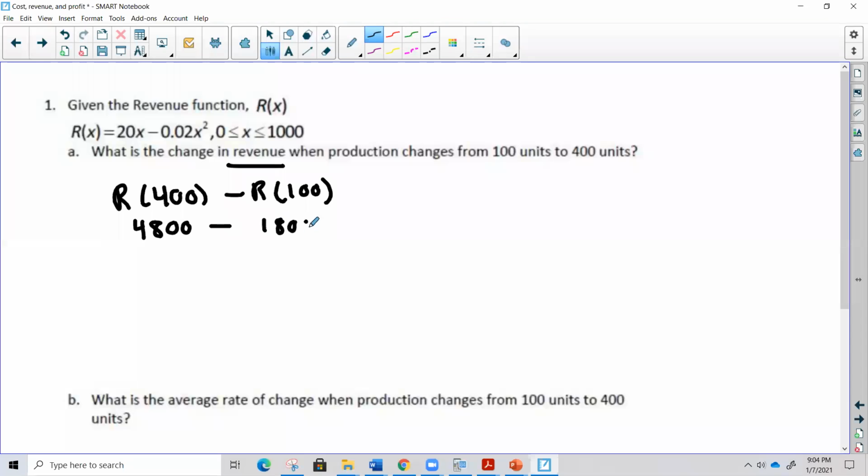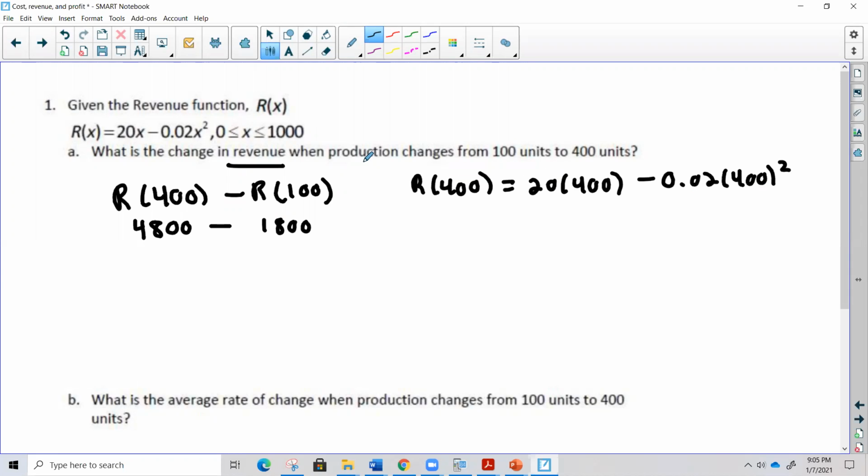But again, you're also welcome to do it the original way if you're not as comfortable with the calculator, where to find R of 400, I would do 20 times 400 minus 0.02 times 400 squared, and then I would type that in my calculator to simplify it.